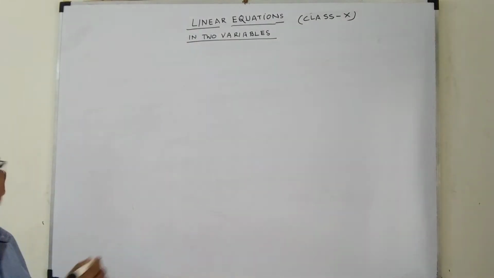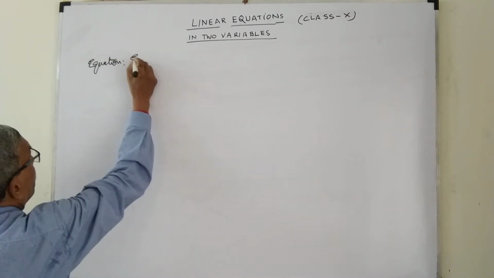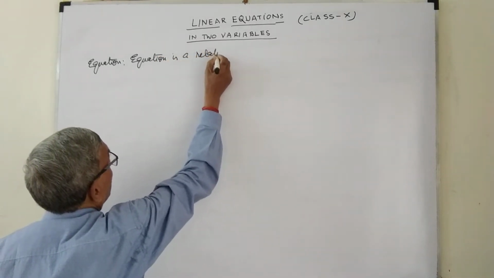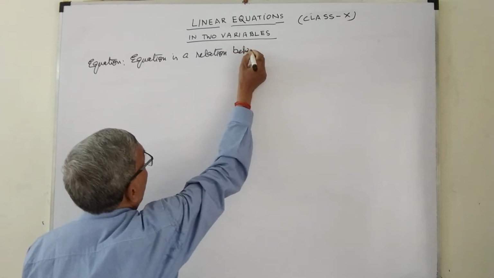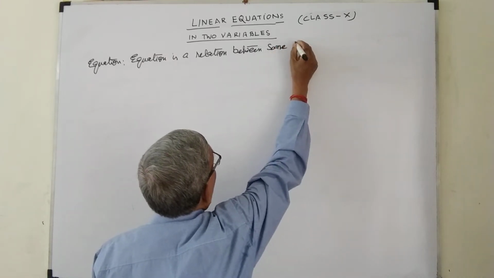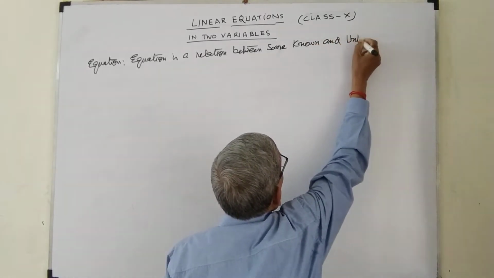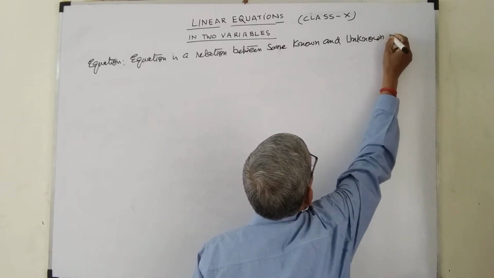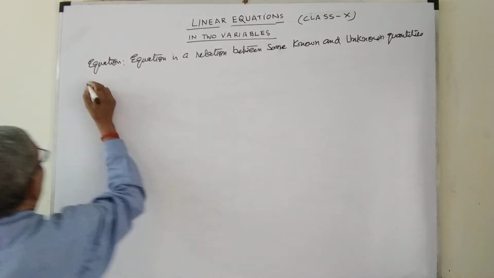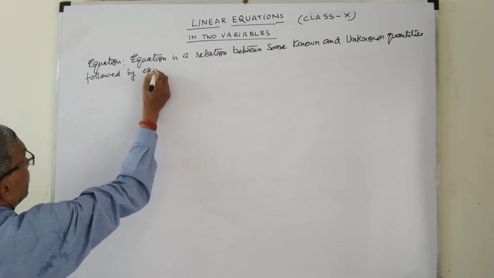Equation is a relation between some known and unknown quantities followed by equal sign.